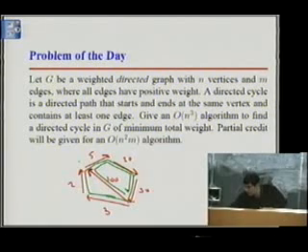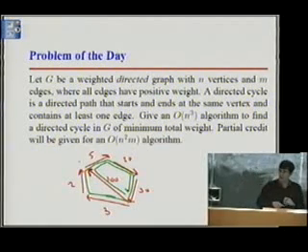Any questions about what the problem is? Given a graph, find the lowest weight cycle. How might we do it? If we had an undirected graph, we could also ask what the lowest weight cycle is.